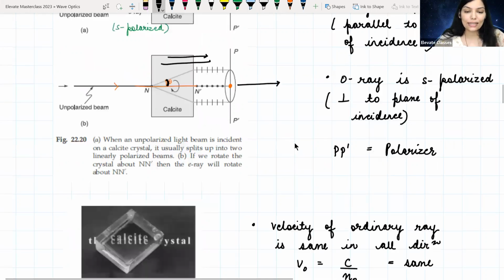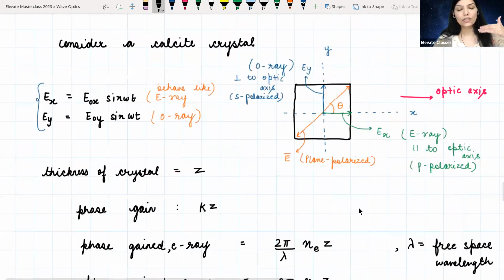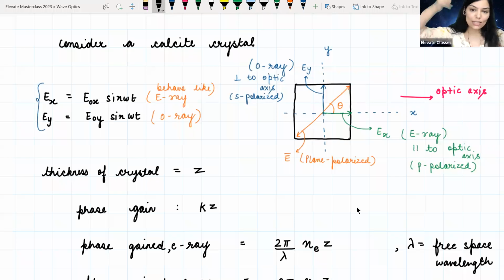With that understanding, in the topic we are currently studying, we saw that the Ex component of the field is going to act like an E ray because it vibrates parallel to the optic axis, and the Y component of the electric field is going to act like an O ray because it vibrates perpendicular to the optic axis. But even if you can't visualize that much, the least you can visualize is two components of the electric field propagating with different velocities, and therefore having an inherent phase difference between them.